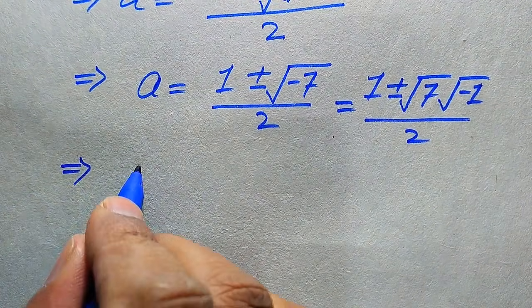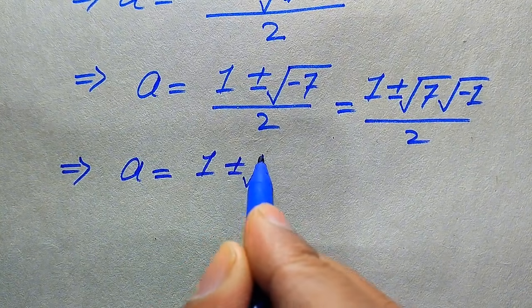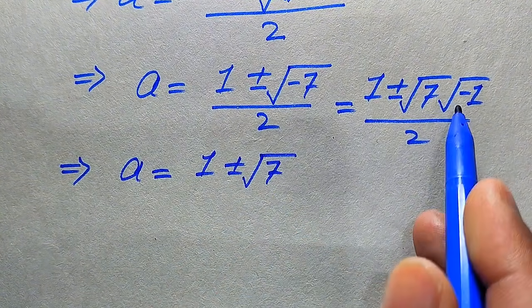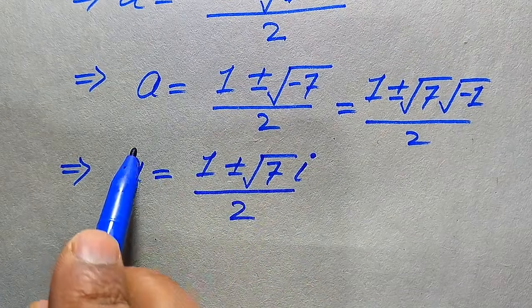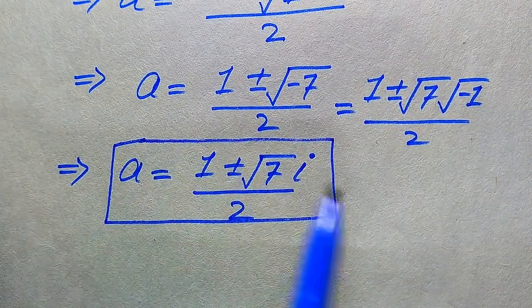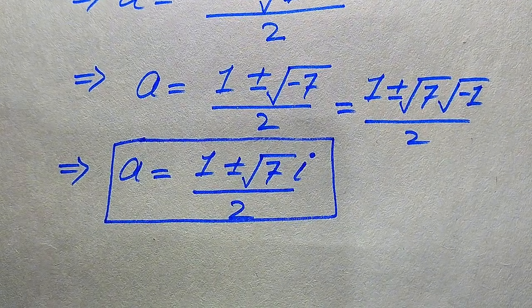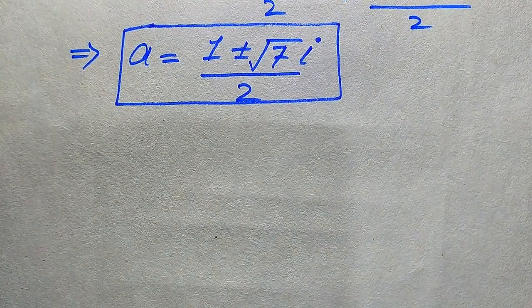Then a is equal to 1 plus minus square root of 7 into iota, since square root of minus 1 becomes iota, divided by 2. So this is the value of a which we get in the first method. These are the two complex values of a, or complex roots of the given equation.